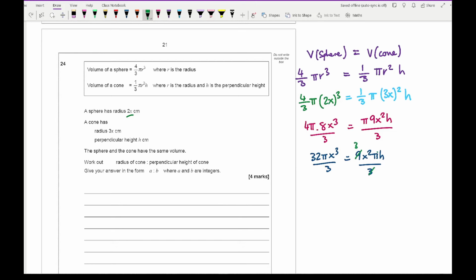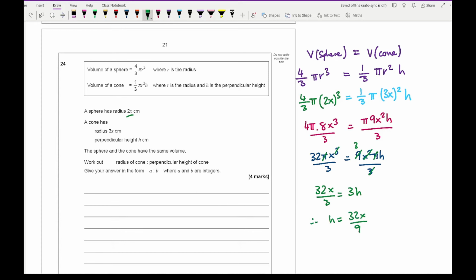And I can cancel the pi because they've both got pi. Get rid of this x squared, and we've got 1x. Let's just simplify all this. So 32x over 3 equals 3h. So from this, I can then work out what h is. So h equals 32x over 9. Again, it doesn't really simplify.